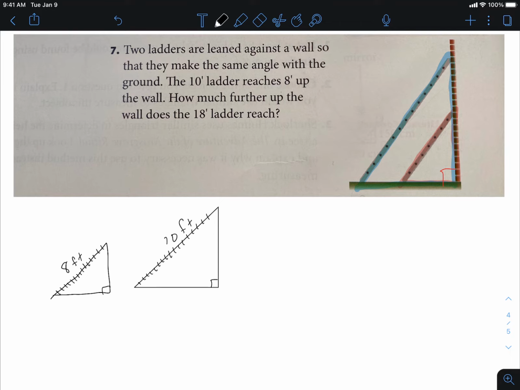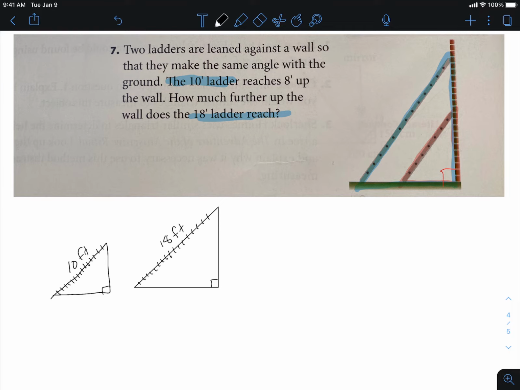I'm not too sure what it means by 18-foot ladder, though. Oh, sorry, I've mislabeled this. All right, let's restart here. The 10-foot ladder, so this is 10 feet here. That's a little ladder. There are two different ladders, sorry, I'm just not reading. There's a 10-foot ladder and there's an 18-foot ladder. So the big ladder is 18 feet.